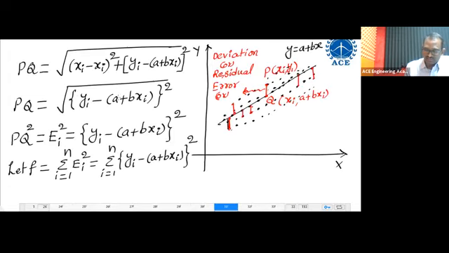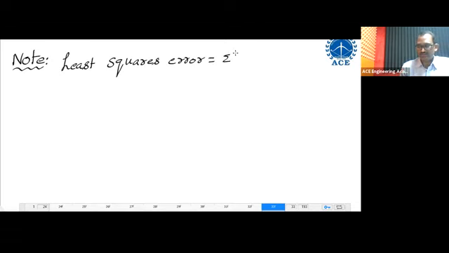Please remember, I am skipping the derivation and directly giving the formula. The least squares error is equal to sigma y square, and so on. We have a derivation.